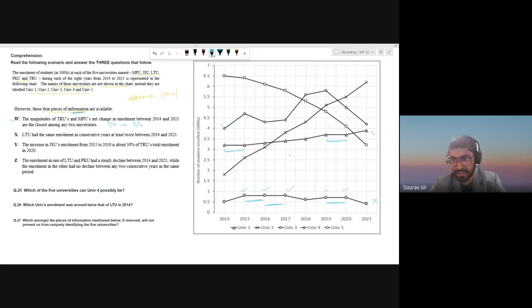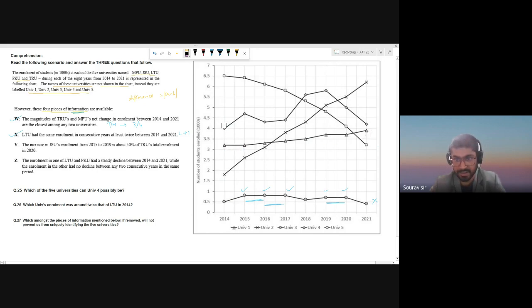And in the top graph, it's completely decreasing. So statement X definitely gives us that the triangle one is university 1. So L is university 1. That we can surely infer.